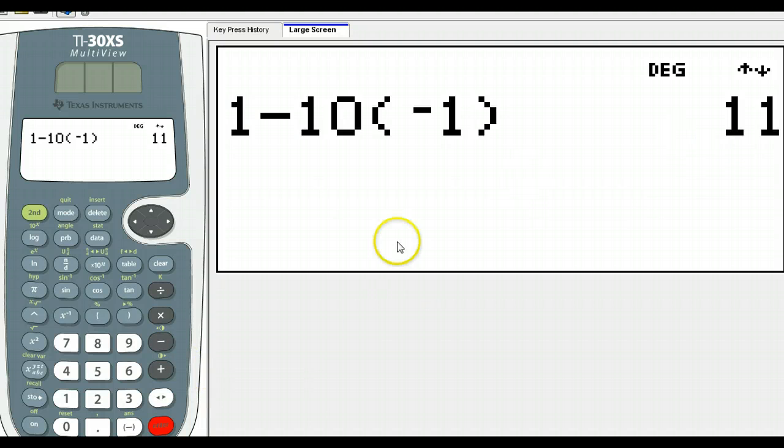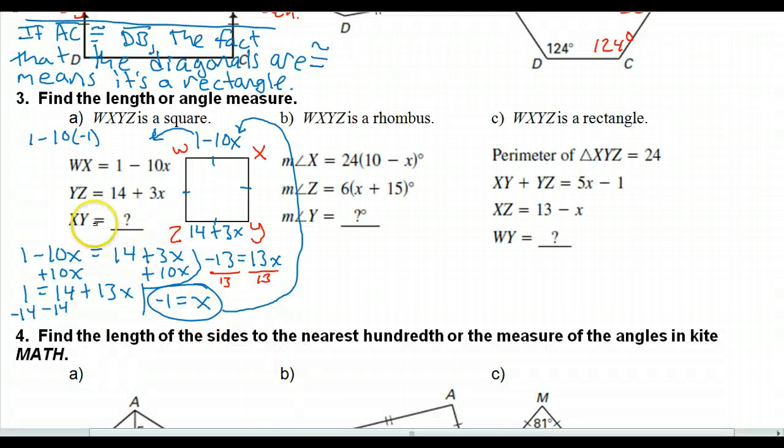Okay, that is 11. Alright, so that's why the answer is 11.